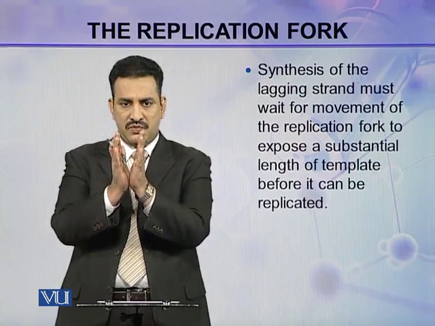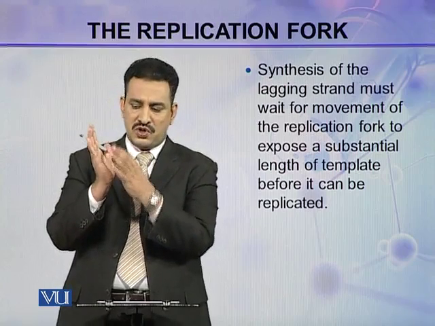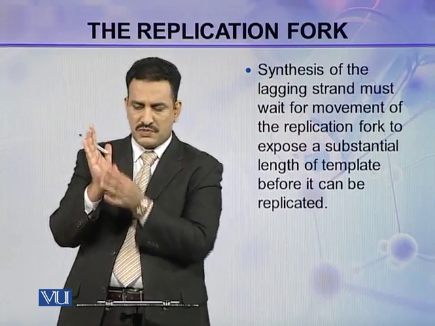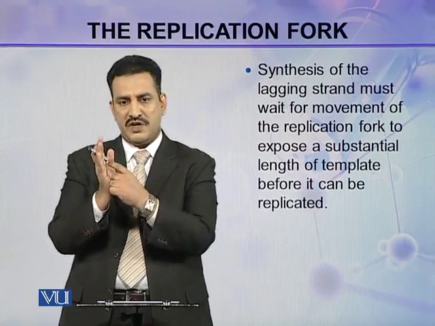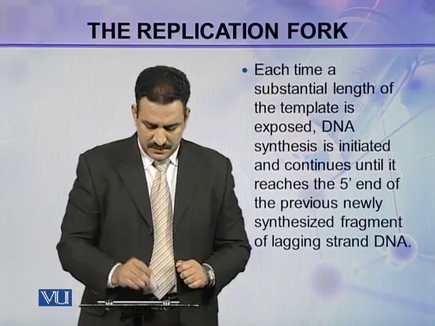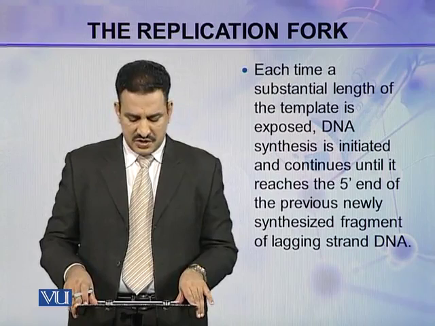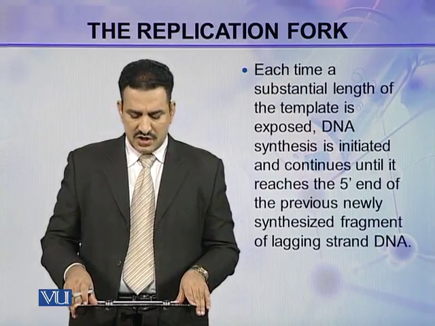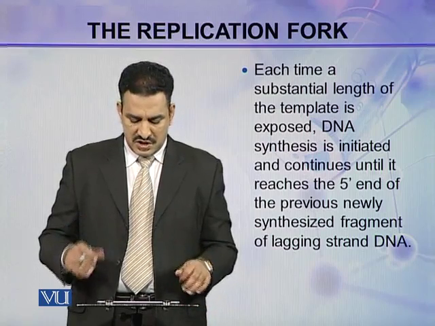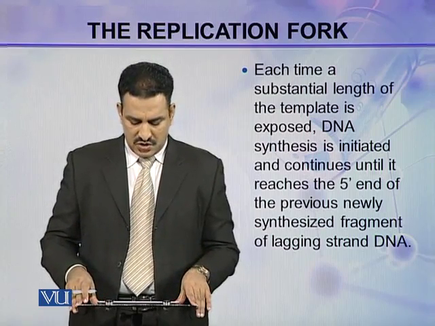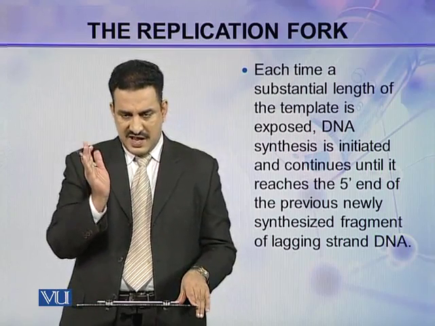So when the fork moves forward, it will expose a substantial length on this strand, and then the new fragment will be synthesized. Each time a substantial length of the template is exposed, DNA synthesis is initiated and continues until it reaches the 5 prime end of the previous newly synthesized fragment of the lagging strand.